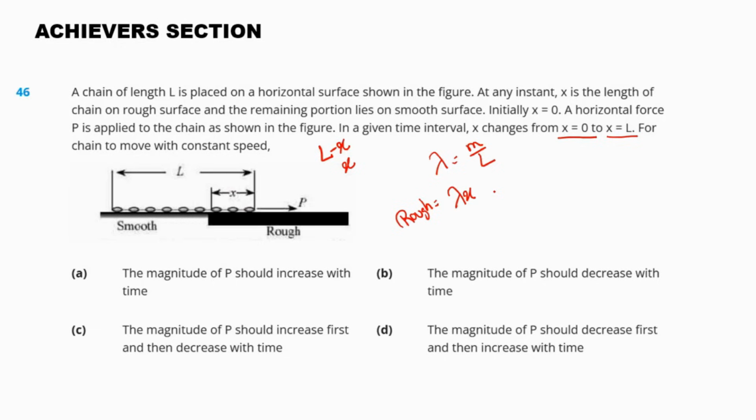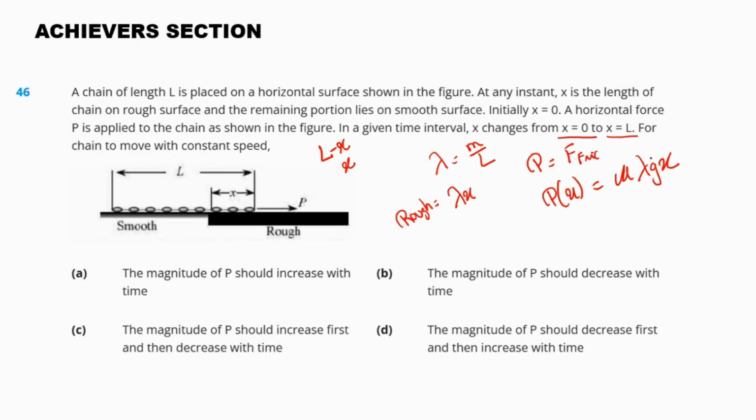Next, for the constant speed, as the net force is equal to 0 at any instant, the applied force must balance the friction. So P becomes F friction, correct? Thus Px is equal to mu lambda g x, correct?